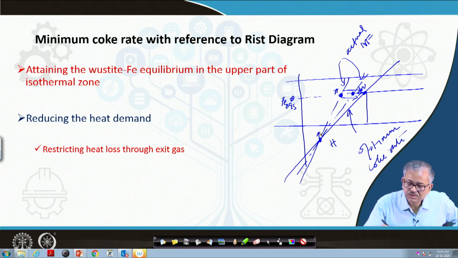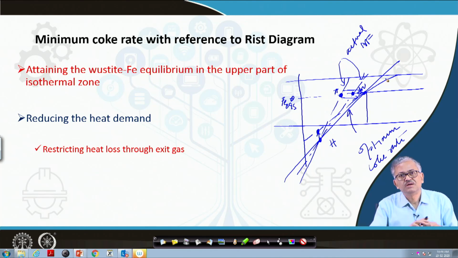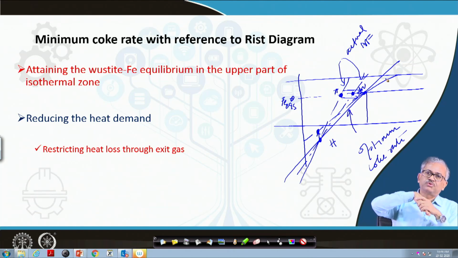If this point goes up somewhere here, then you can have another line. So if your heat demand decreases, then this point will move up. In that case you can further reduce the coke rate. So if you decrease the heat demand, the thermal pinch point will move up, and as a result you can have a further lower coke rate.